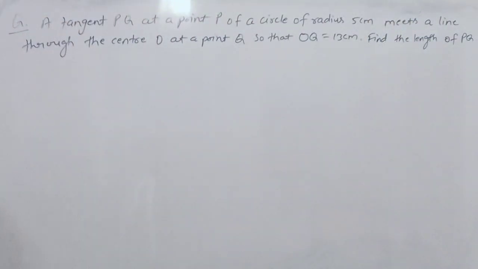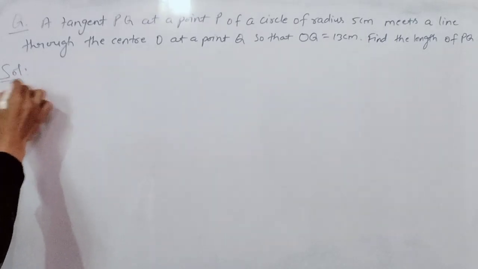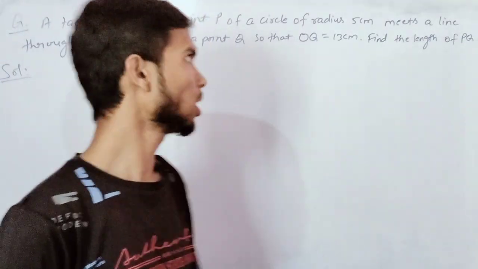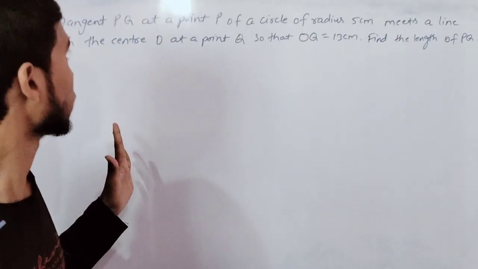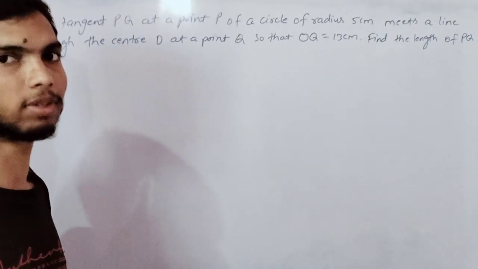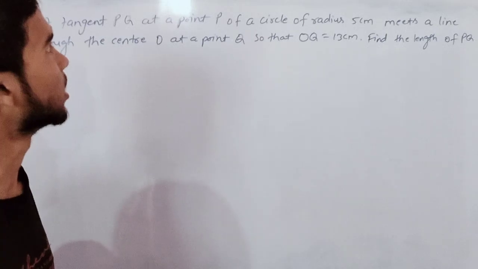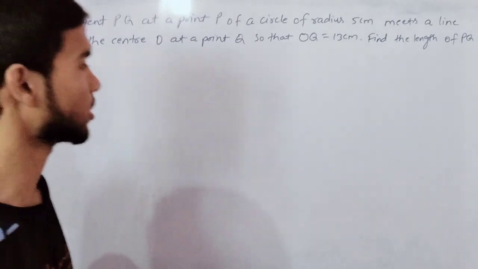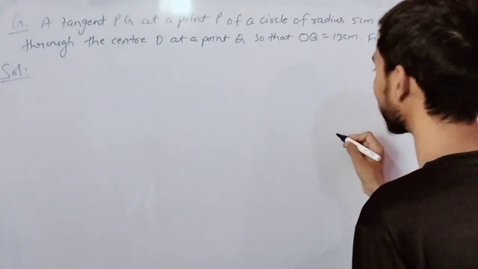This is the question in front of you. Shall we solve this together? A tangent PQ. PQ is a line which is a tangent at a point P of a circle. Meaning of this is what?